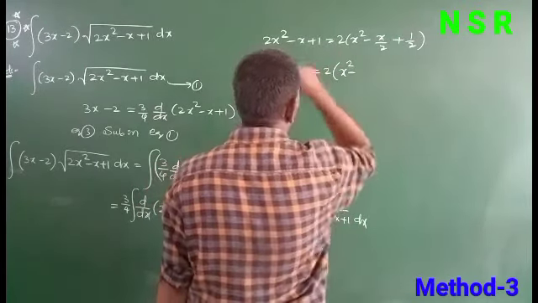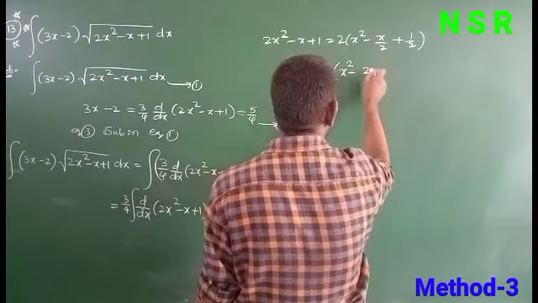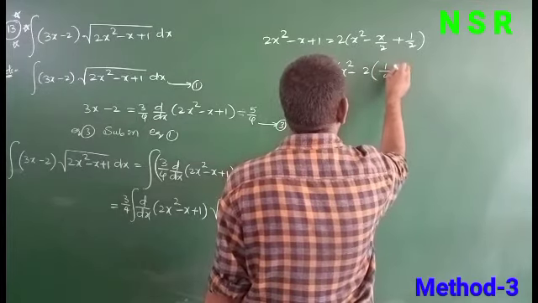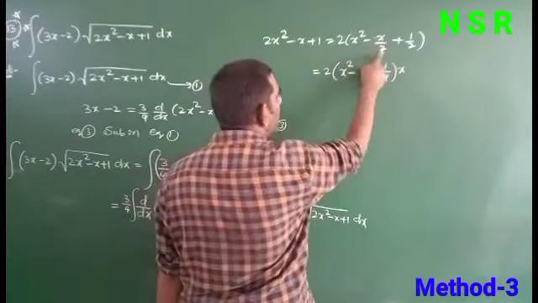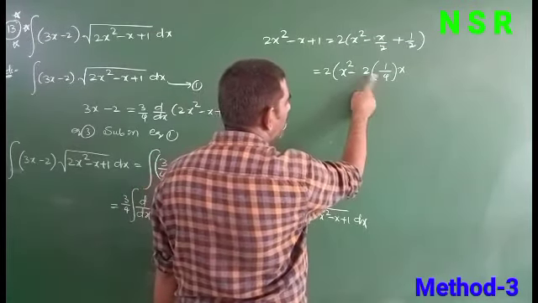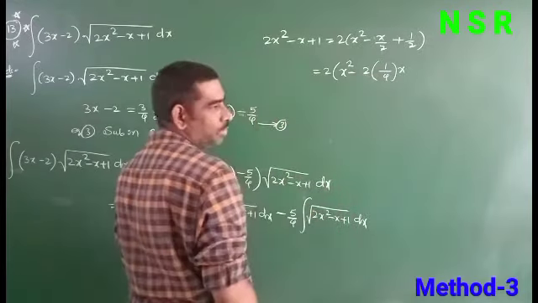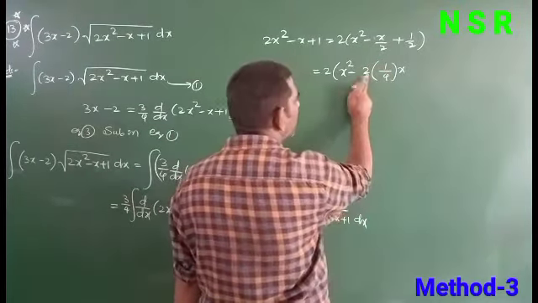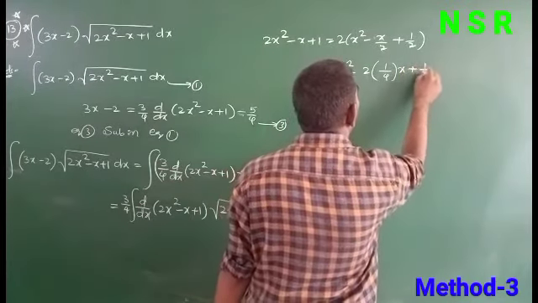Now x square minus x by 2 we can write by multiplying and dividing with 2, so we get 2 into 1 by 4 into x, plus 1 by 2.